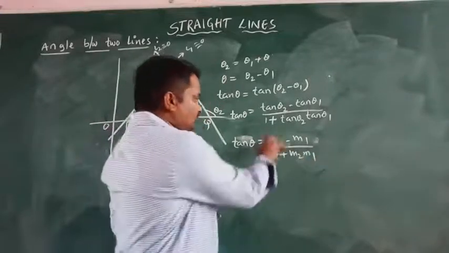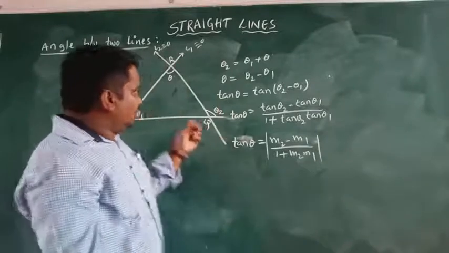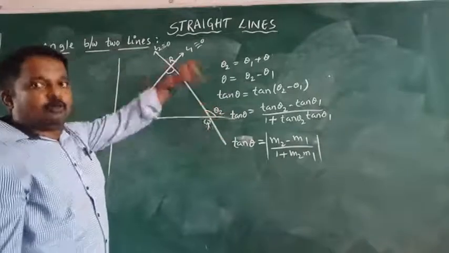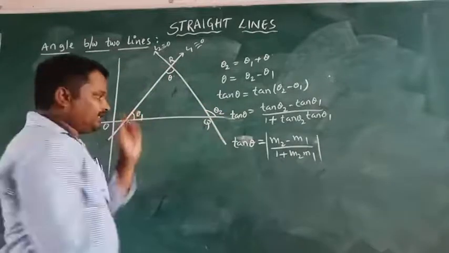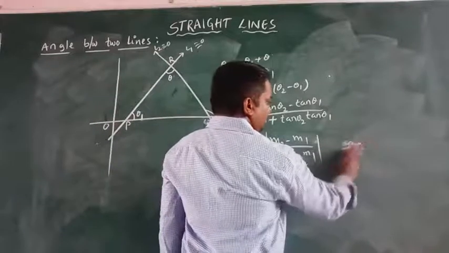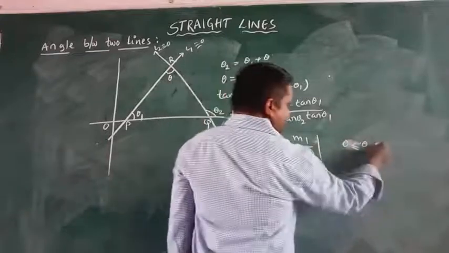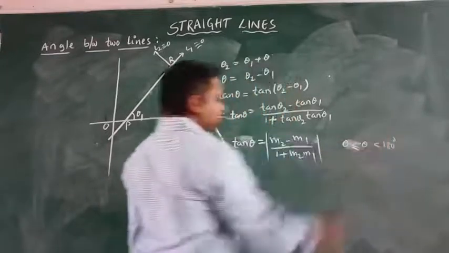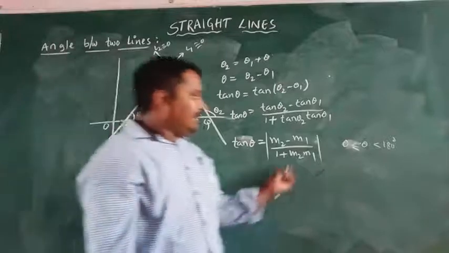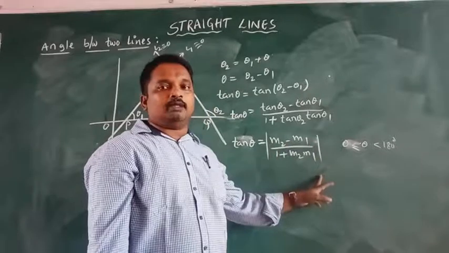Here we are using the modulus value. Why? Because the inclination made with the positive direction ranges from 0 to less than 180 degrees, so the angle need not be negative. That is why we take the modulus.